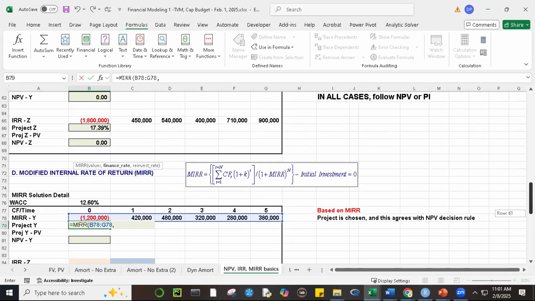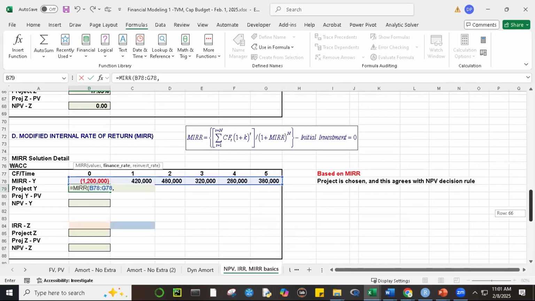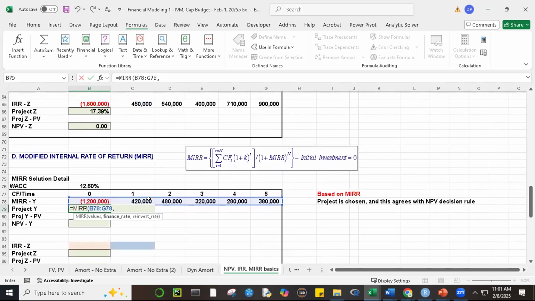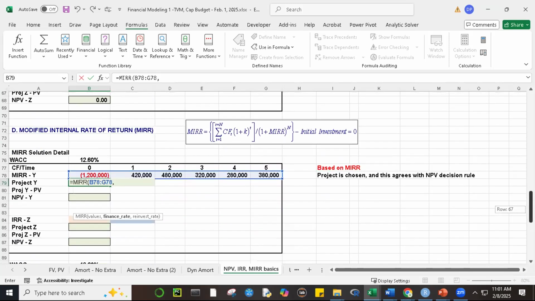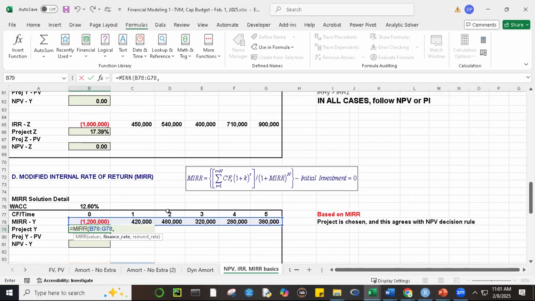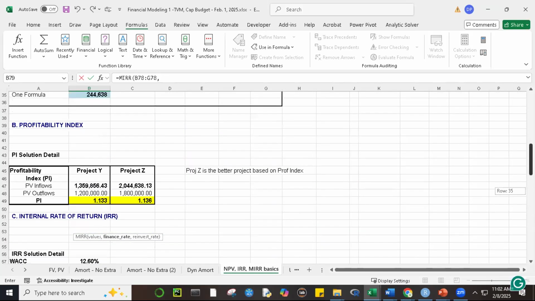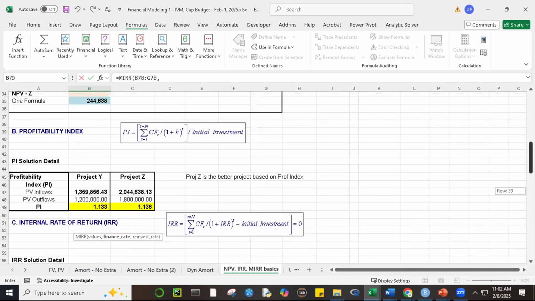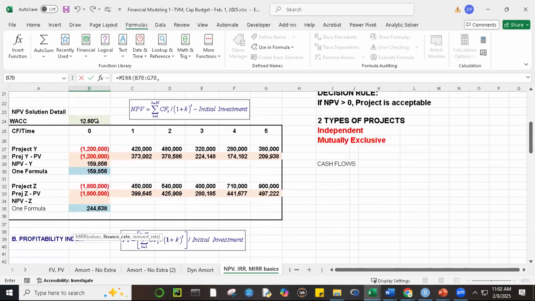So for MIRR, the finance rate and the reinvestment rate are the same. So we're still going to use 12.6. Let me use the WACC here. WACC, comma, WACC.